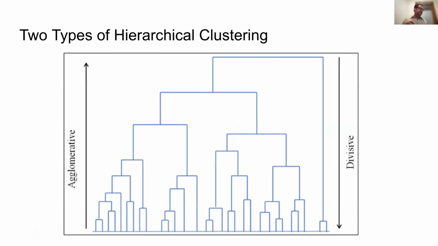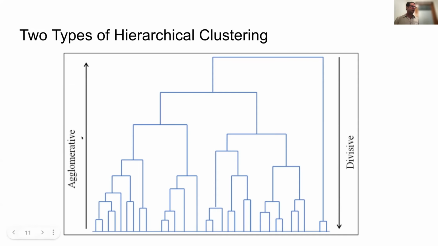One is agglomerative, where you start with every observation being in its own group, and then you accumulate the observations as you go up to getting a more and more generalized tree. The other way is divisive, where you start with everything in the same group, and then you split it going down.